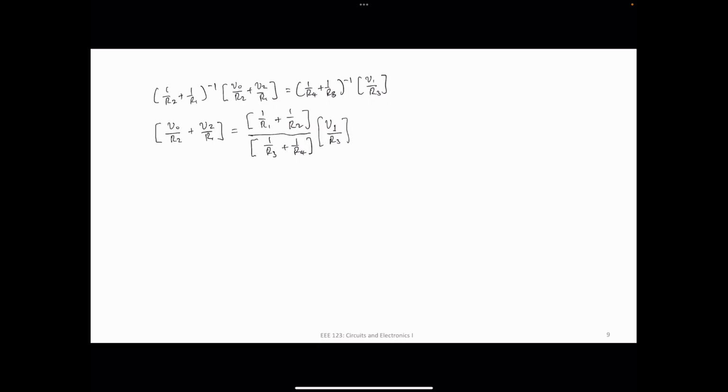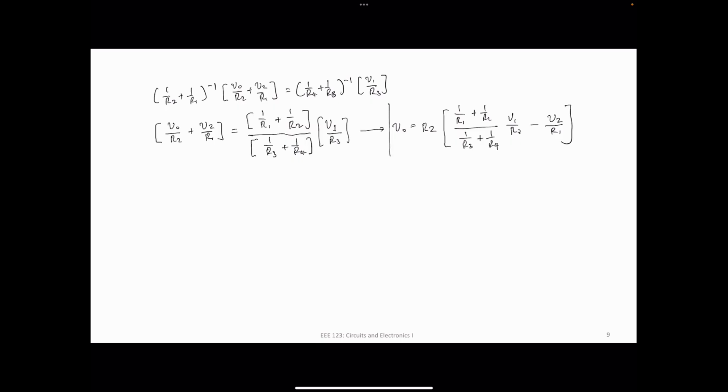So solving for V sub O, it is going to be equal to R2 multiplied by (1 over R1 plus 1 over R2) over (1 over R3 plus 1 over R4), times V1 over R3, minus V2 over R1.